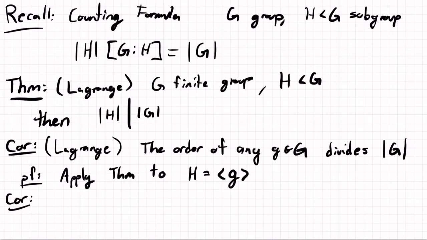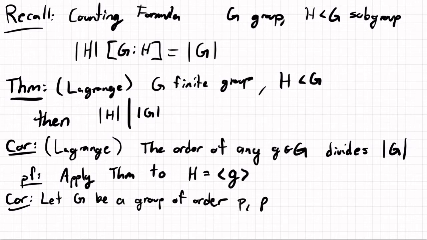And what's even more interesting, at least if you ask me, is the next corollary: let G be a group of order p, where p is a prime. Then G is cyclic.